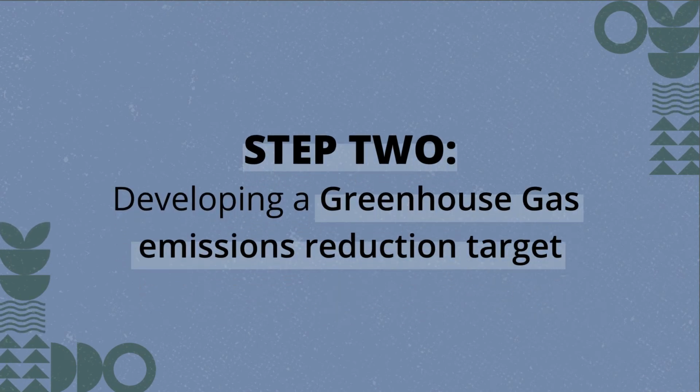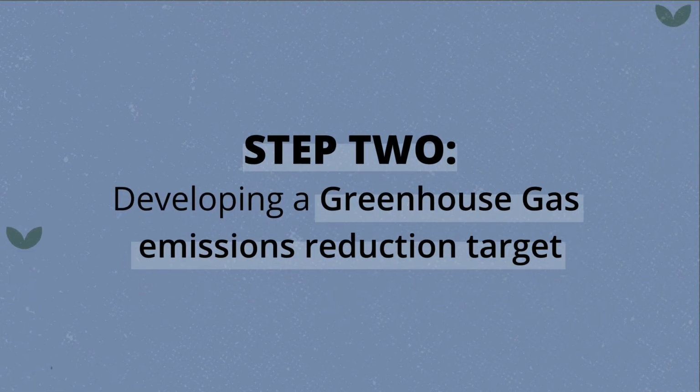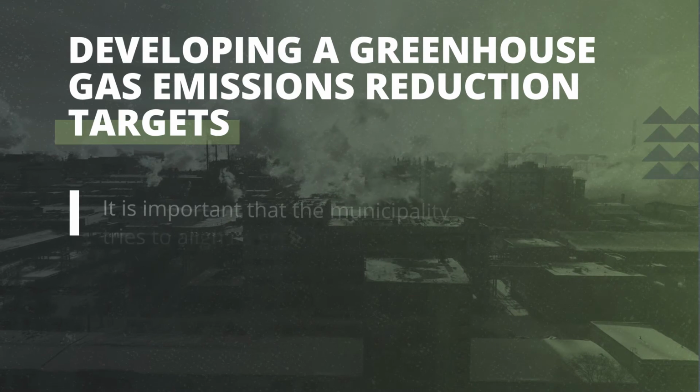Step 2. Developing a greenhouse gas emissions reductions target. Once you have a greenhouse gas emissions inventory, which gives you an idea of the amount of greenhouse gas emissions released into the atmosphere by your municipality, you can use this information to develop greenhouse gas emissions targets.